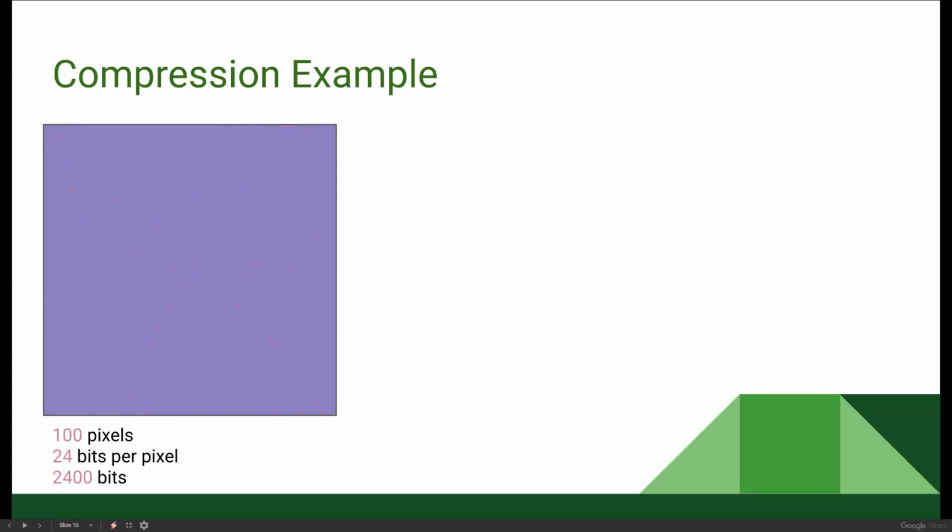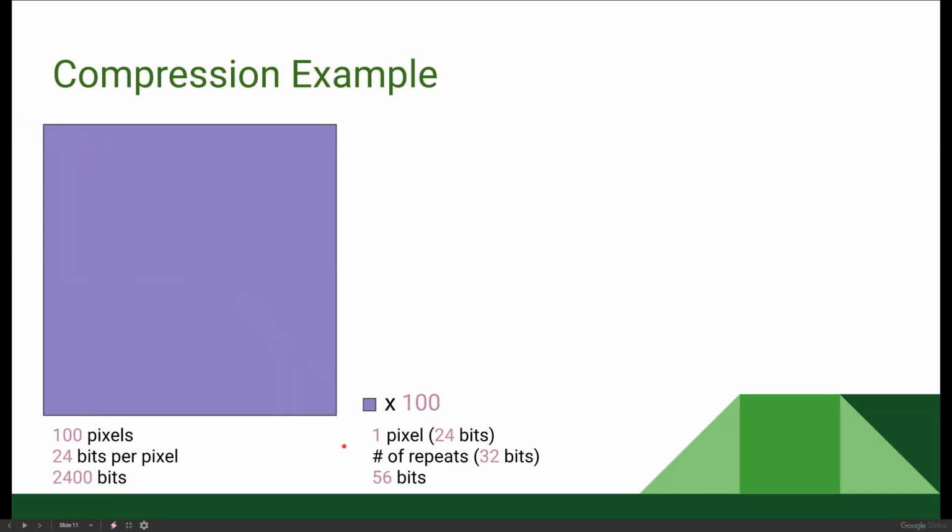If I wanted to compress this, since I'm repeating that one pixel over and over again, every single pixel has the exact same RGB code, I can just say I have one purple pixel. I can store the RGB value for that one pixel, and I can just say I have that pixel 100 times. Usually we're going to store numbers in 32 bits.